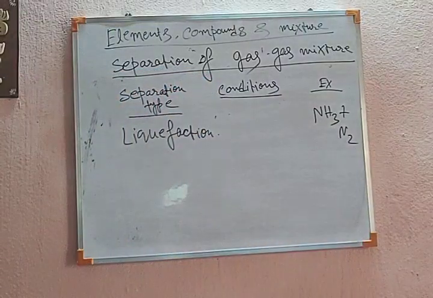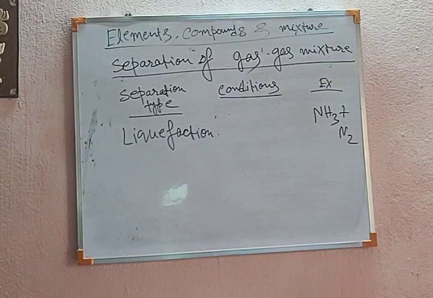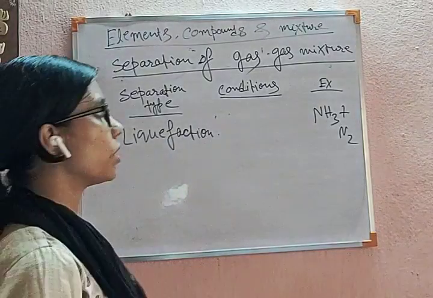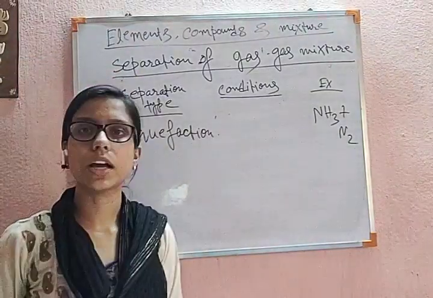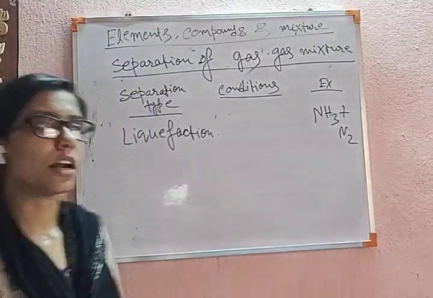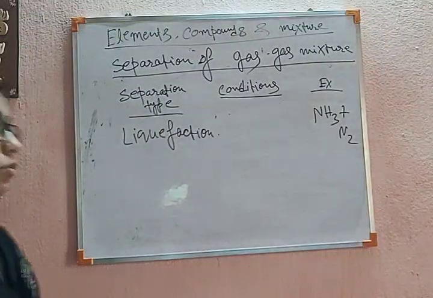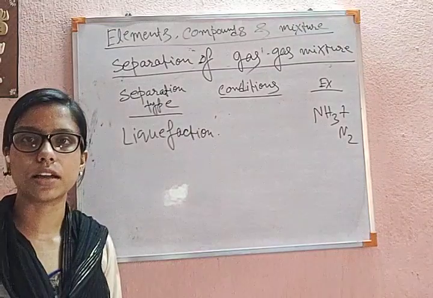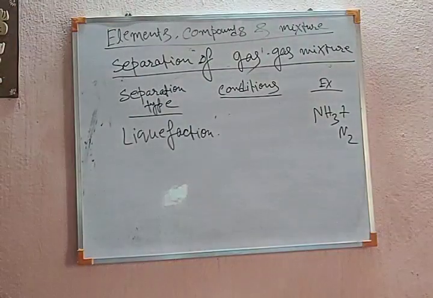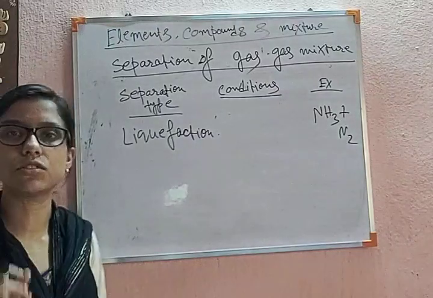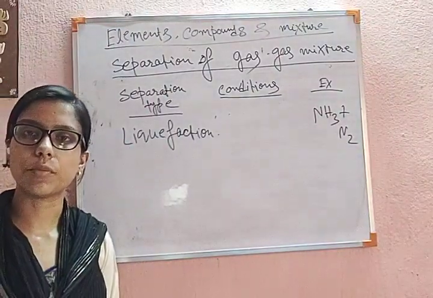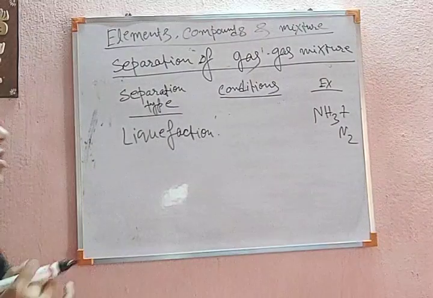Between these two gases, when we apply pressure, ammonia gas is easily liquefied. There are many gases that can be easily liquefied, but not all. So ammonia is easier to liquefy, but nitrogen is not.